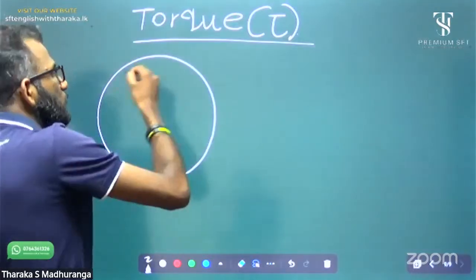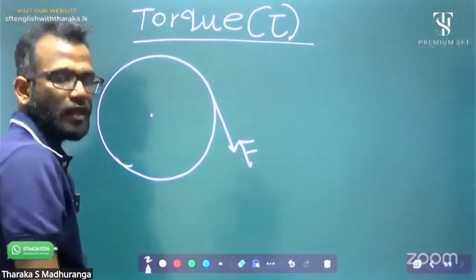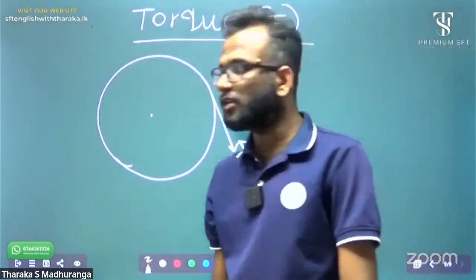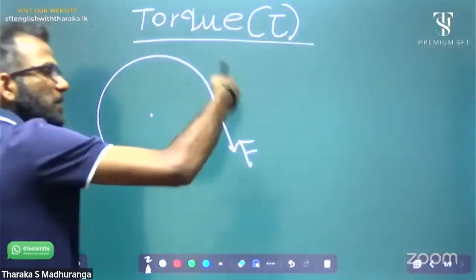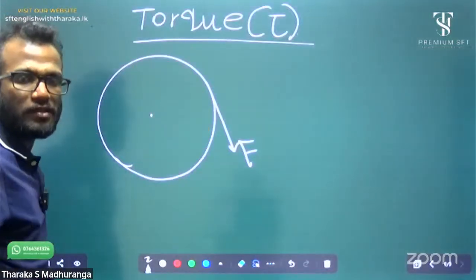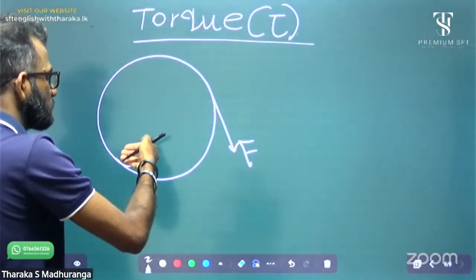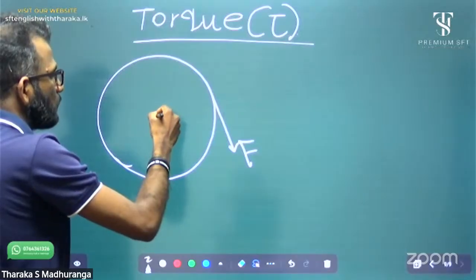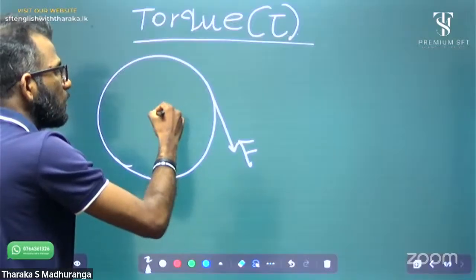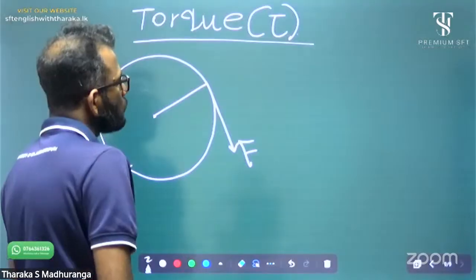When we apply a tangential external force on any object, the ability to rotate around a point, that we call torque.